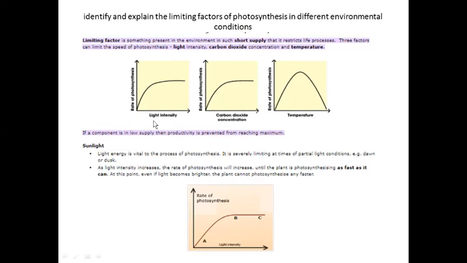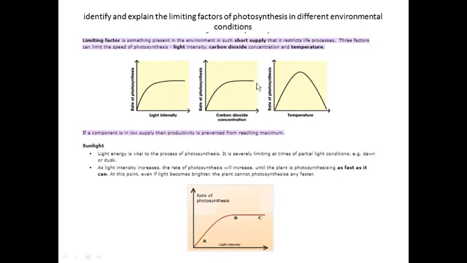Did you understand? Yes. Okay. Now the second factor is carbon dioxide gas. Again, the same philosophy: as the CO2 increases, the rate of photosynthesis increases. And when the CO2 reaches the optimum point, for example this one, after that the rate of photosynthesis becomes constant.